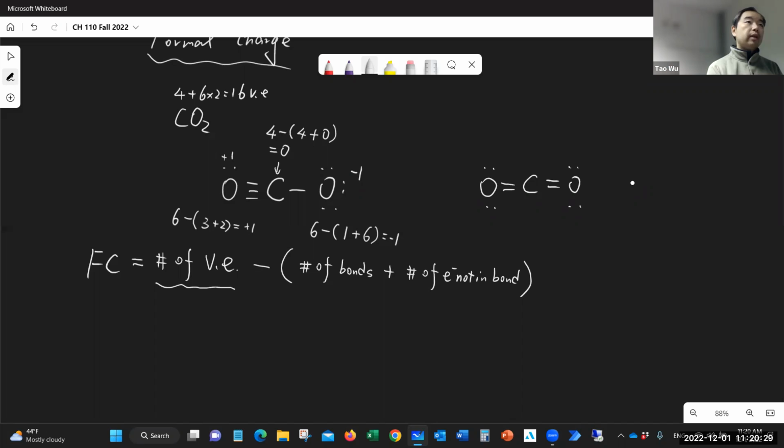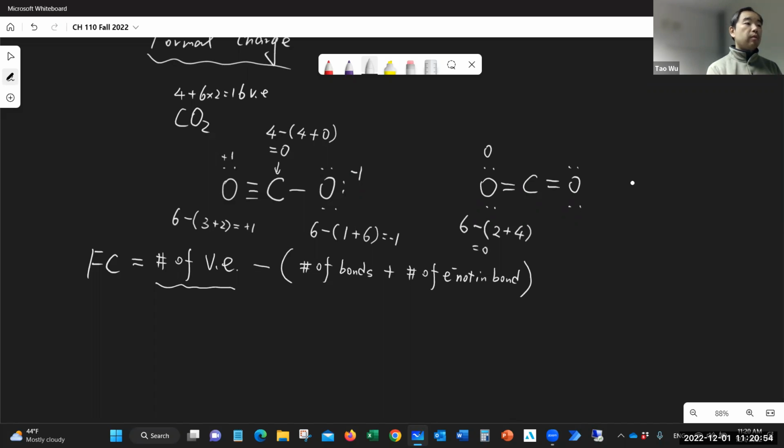The oxygen over here has valence electron count 6, and you subtract the number of bonds. This guy has 2 bonds, plus the number of electrons not in bonds. They have 4, so plus 4. Then 6 minus 6 is equal to 0. So this guy's formal charge is 0.